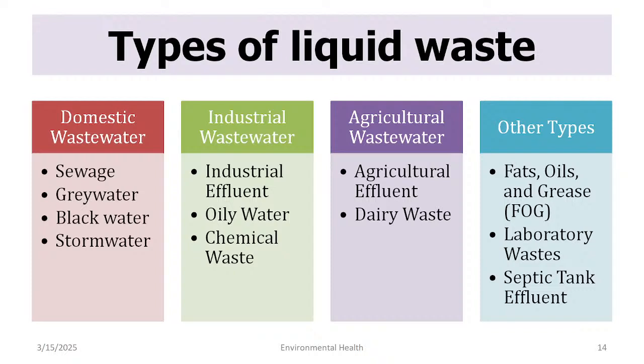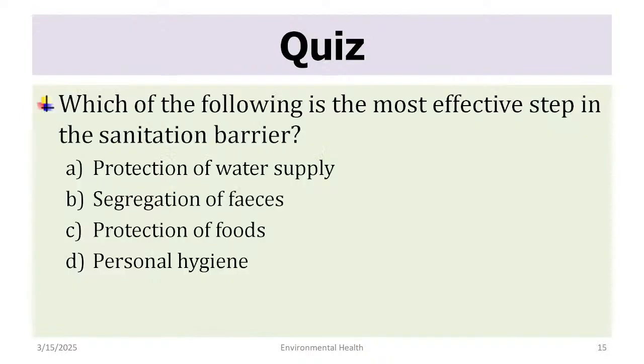So other types, fog, laboratory based, it is really important for us as a hospital. Septic tank influence, sometimes we do not have a sewer, then septic tank comes into picture. We will see that also. We have talked about these 4 terms. So types of liquid waste.